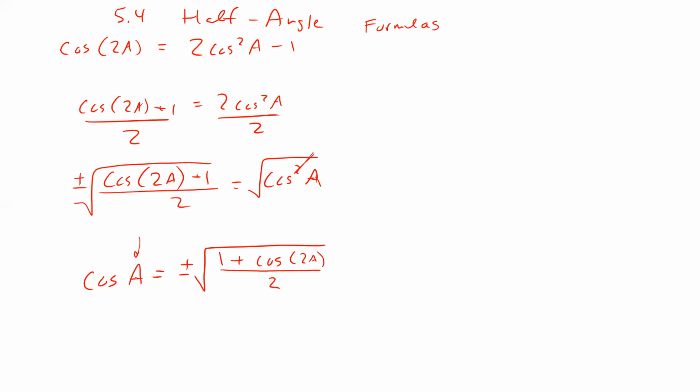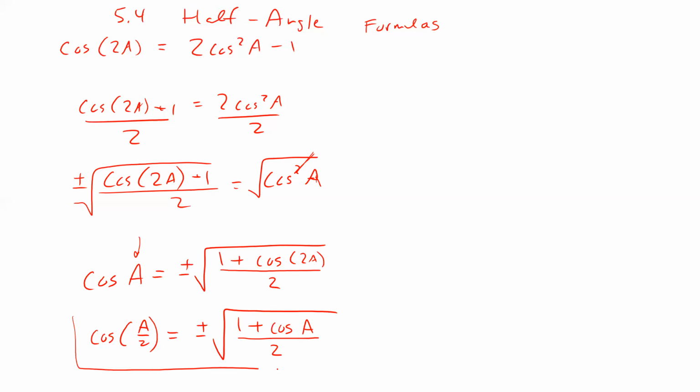So instead of this being a, we make this an a over 2. Guys, this is so cool. We just advanced trigonometry once again. Half of 2a will just be an a. Are we good? So that's the way the book writes it if you want to write it as a formula.